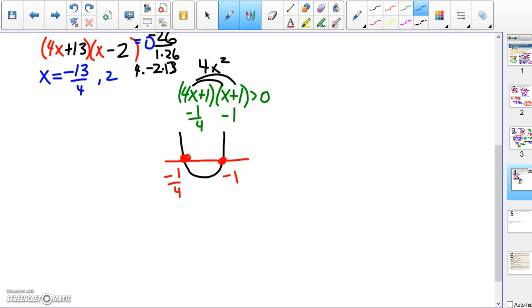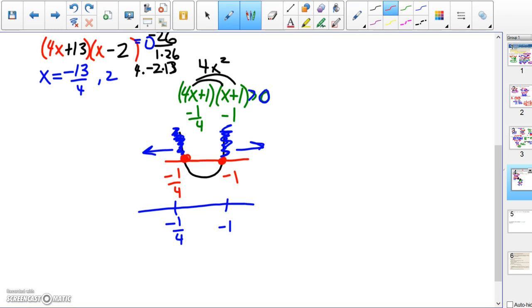Since this has to be greater than 0, I would know that my solutions are going to be on this part of my parabola. So we're thinking that's going to be less than negative 1/4 and greater than negative 1. If you looked at it on a number line, it might be easier to follow.